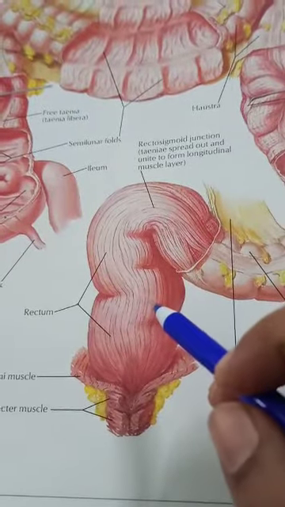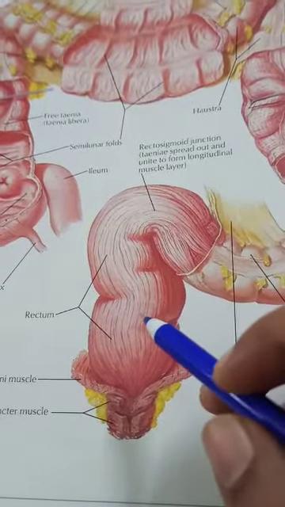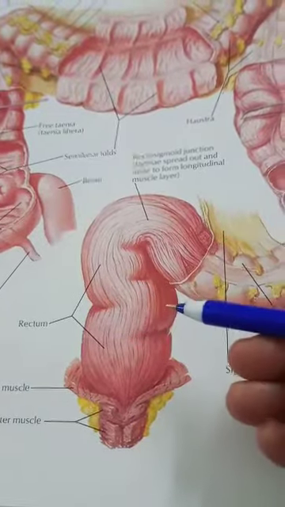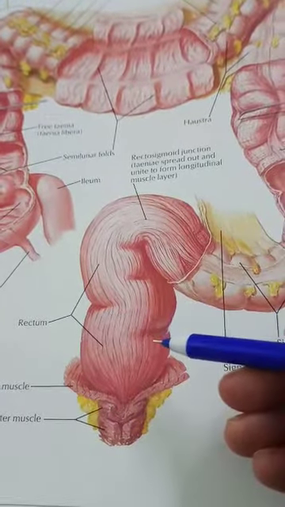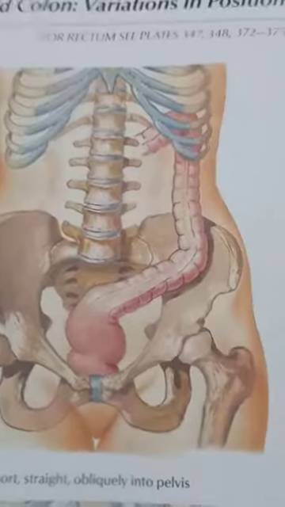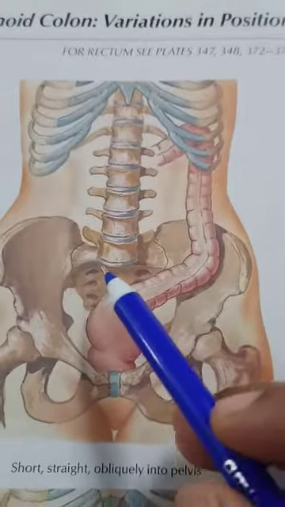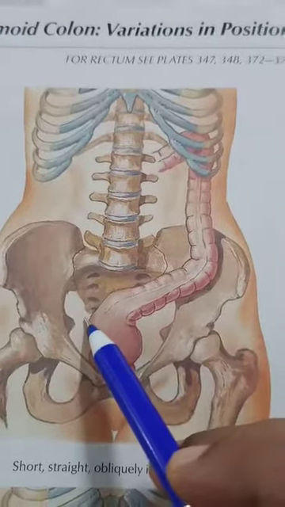The rectum lies in front of the sacrum and the coccyx. In this picture we can see the sacrum, and below the sacrum comes the coccyx.